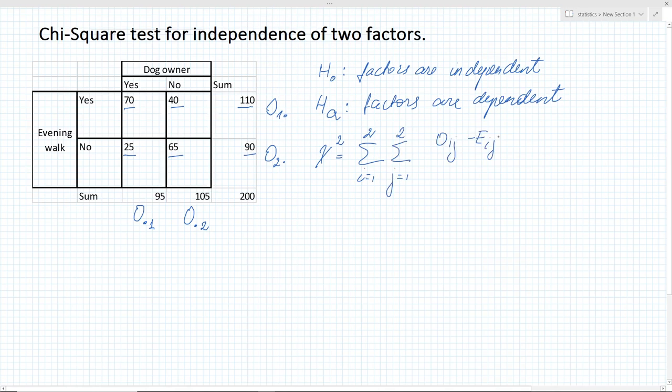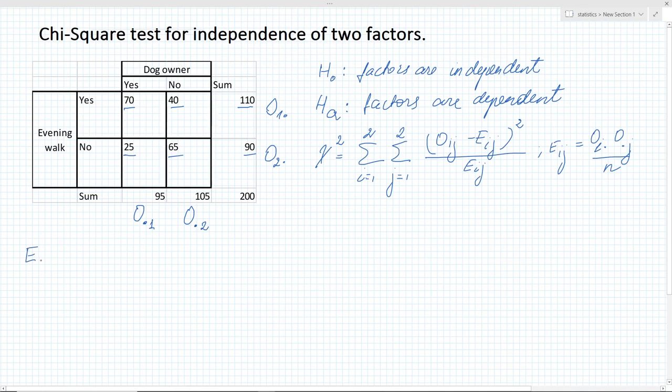In this formula, O_ij is the observed frequency, which is just the numbers in our table, and E_ij is the expected frequency, which is computed for every cell using the following formula, where O_i. is the sum of the corresponding line, and O_.j is the sum of the corresponding column, and the values are multiplied and divided by the sample size.